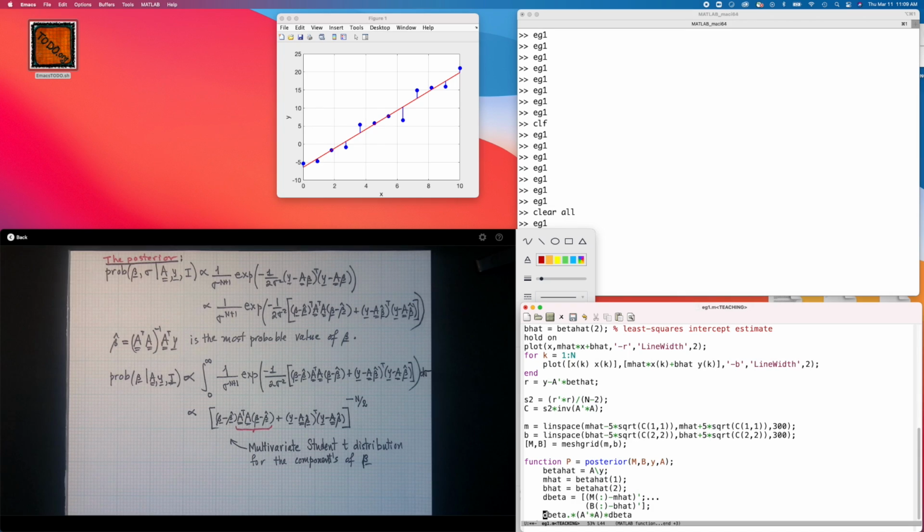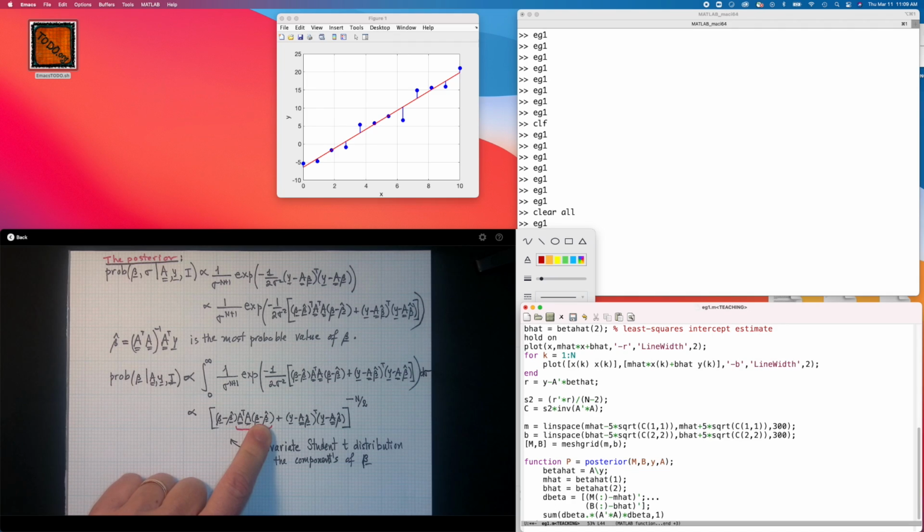And then this, I'm going to sum over each row. So that's summing over the first column. That's the default for MATLAB, but I'll put a 1 to make it explicit. And so this sum will produce as many evaluations of this as there are points on my 2D mesh. Plus, and then I need this part.